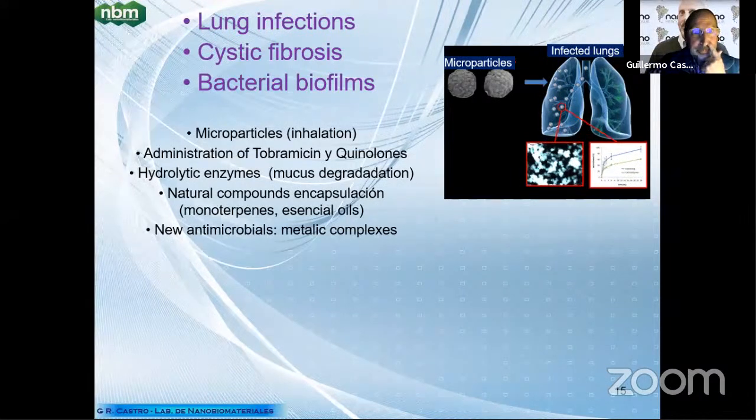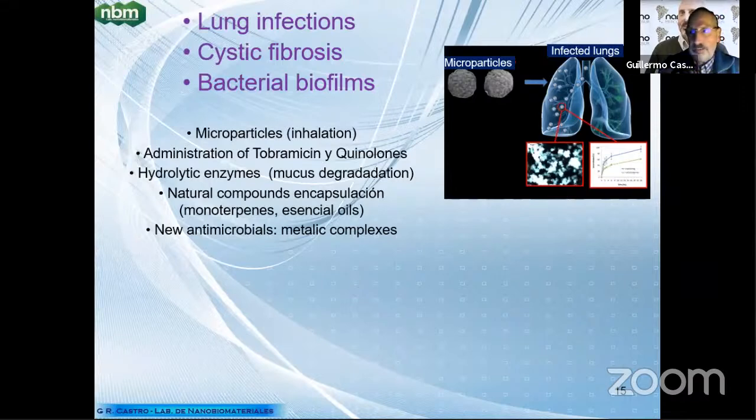So at that time we were thinking of using hydrolytic enzymes for mucus degradation. Right now, DNase can be found in the market, but it's very, very expensive. And also, they need to complement these DNases with an antibiotic. So we were thinking just to reduce the amount of the antibiotic using natural compounds.